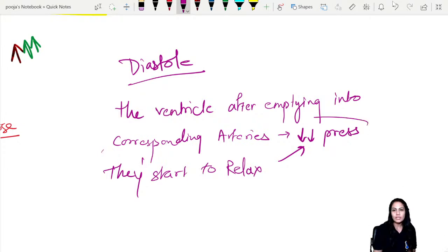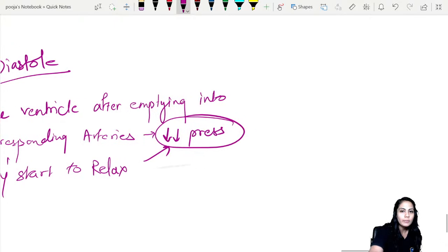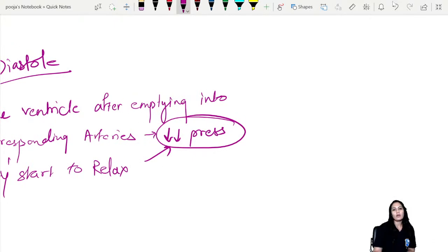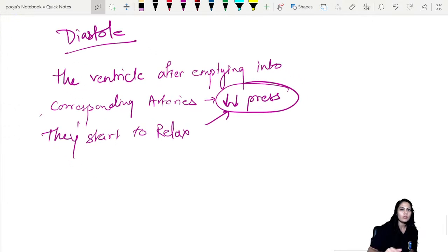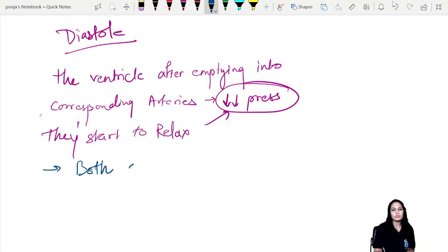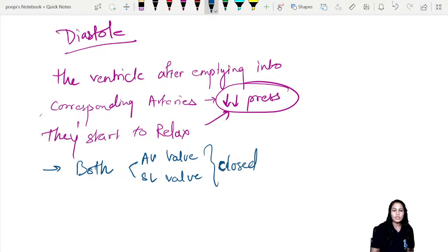And because of this decrease in the ventricular pressure, at this time both the AV valve and SL valve are closed. AV and SL valve both are closed, right?